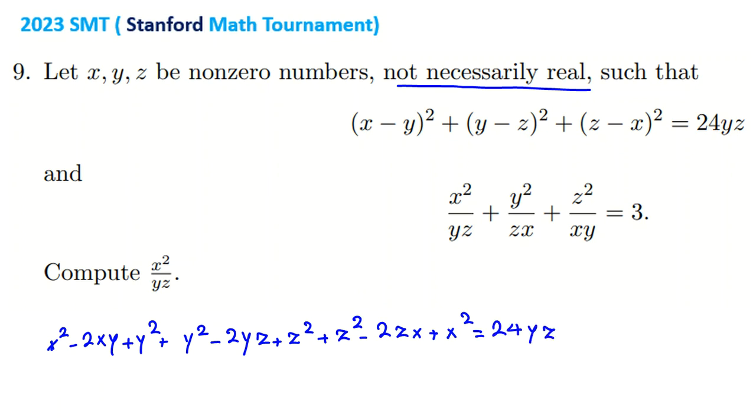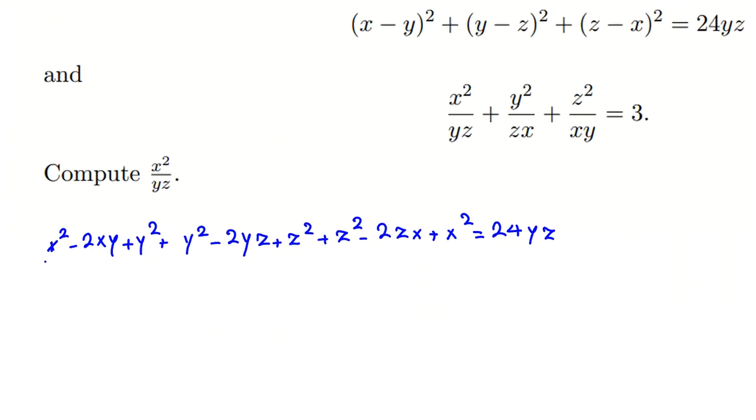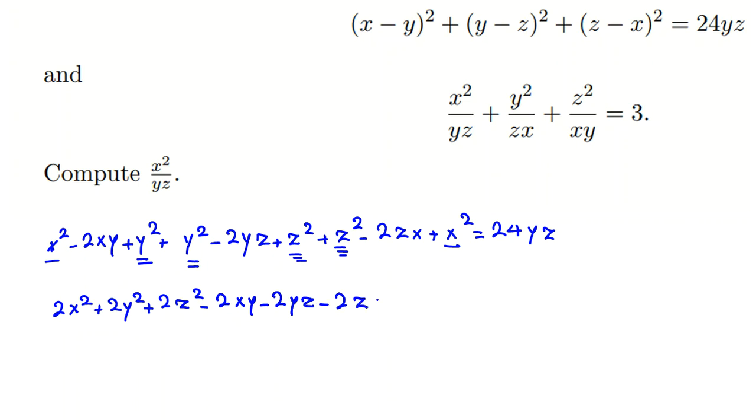Let's simplify as much as we can. How many x squared are there here? 2 x squared, 2 y squared, 2 z squared. So let's write 2x squared plus 2y squared plus 2z squared minus 2xy minus 2yz minus 2zx equals 24yz.